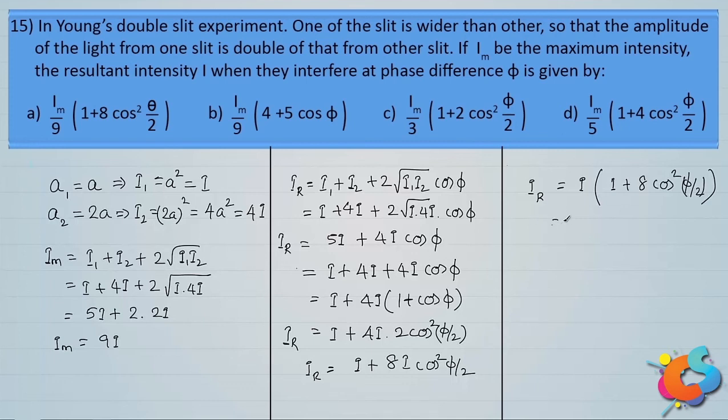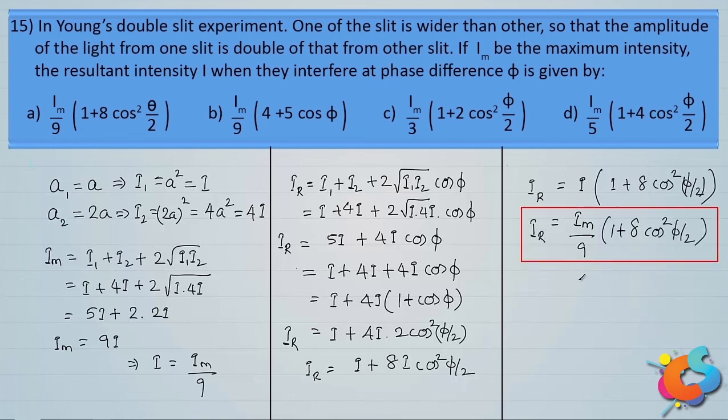So this I is the intensity which can be expressed in terms of I max, because we already obtained Im is equal to 9I, therefore I is equal to Im by 9. So in place of I, I can write Im by 9 into 1 plus 8 cos square phi by 2. So that's equal to the resultant intensity.